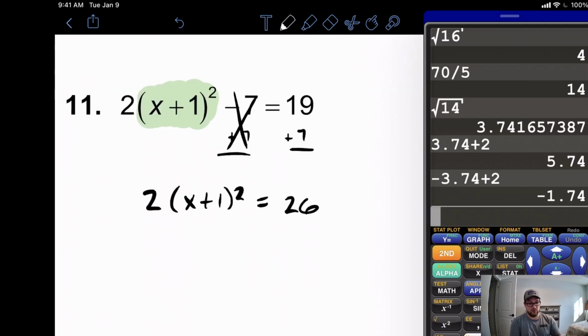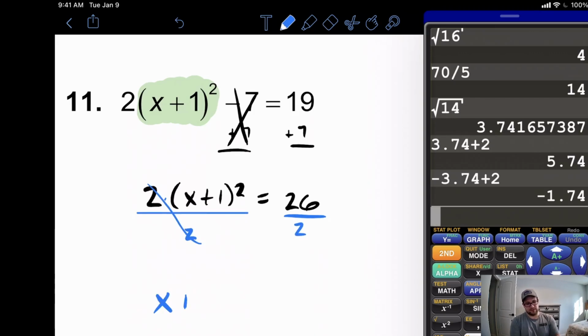Now, to continue on, we want to come over here and divide off the 2. We're trying to get the part that's being squared alone. So that's going to give me x plus 1 squared is equal to 13.